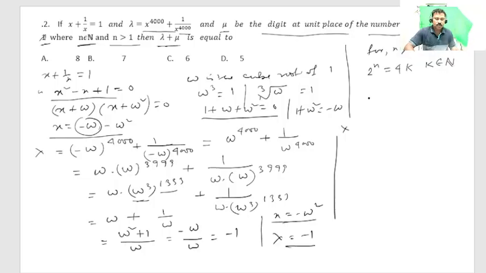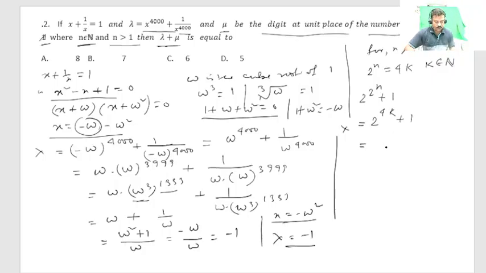Now we have to find 2 to the power (2 to the power n) plus 1. So here 2 to the power 4k plus 1.